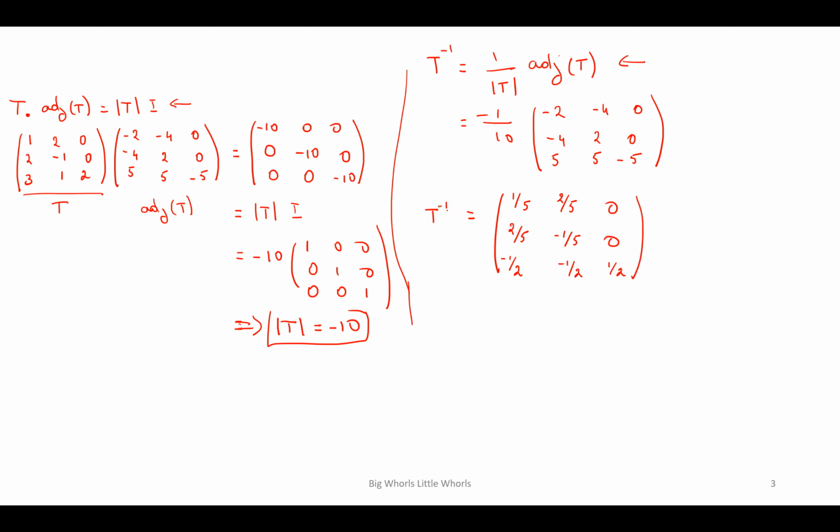So this is how we can find the inverse of a matrix if we know its adjoint. This is another way of finding the inverse of a matrix. If you remember in the previous chapter, we found a way of finding the inverse by writing the matrix as an augmented matrix and performing Gauss's method.